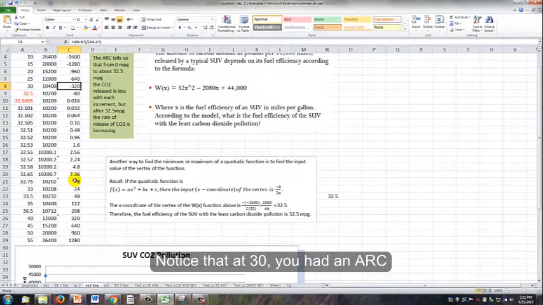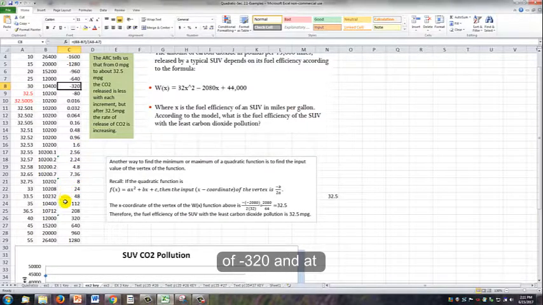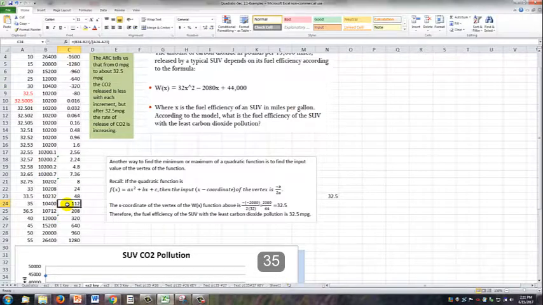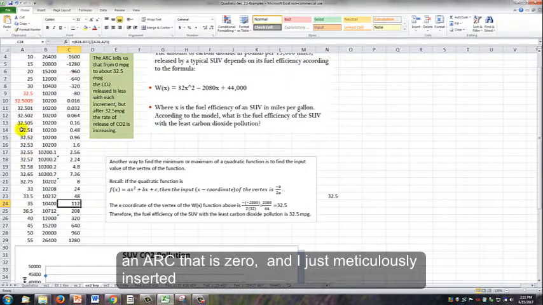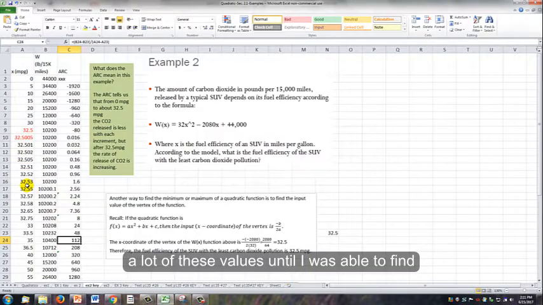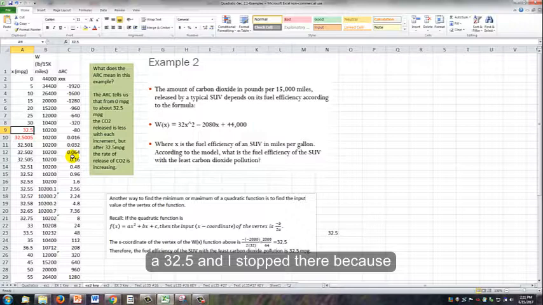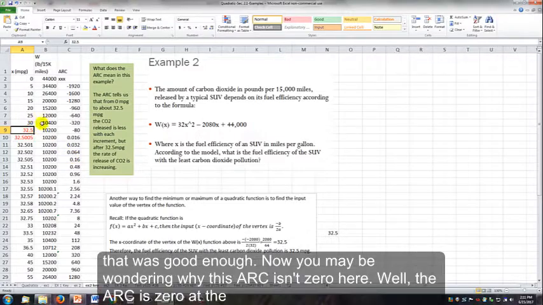Notice that at 30 you had an arc of negative 320, and at 35 you had an arc of 112. So somewhere between the 30 and the 35 was an arc that is 0, and I just meticulously inserted a lot of these values until I was able to find 32.5, and I stopped there because that was good enough.